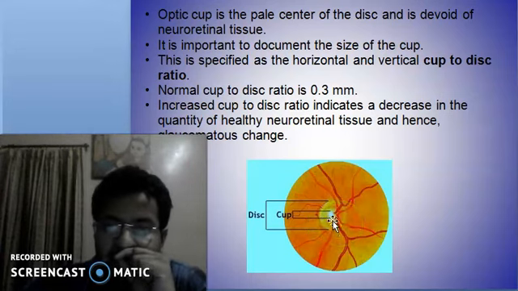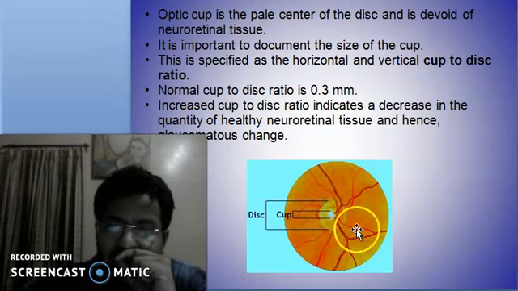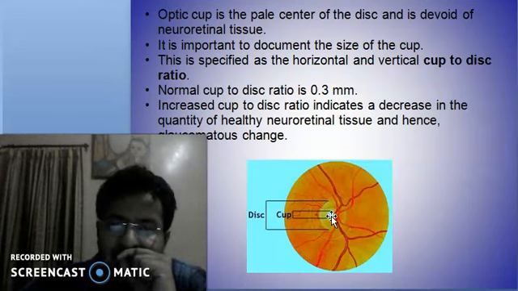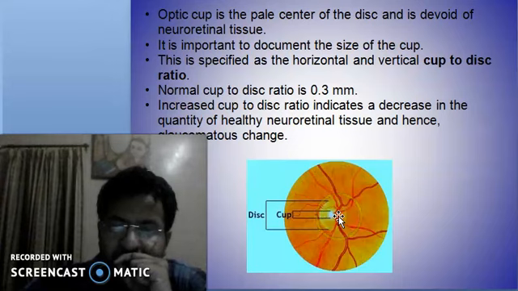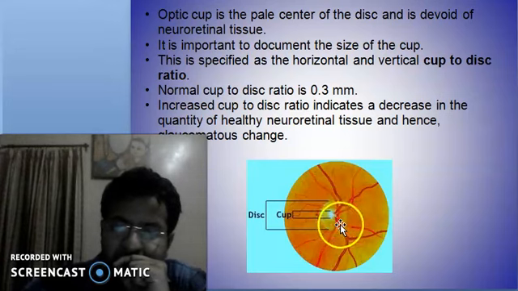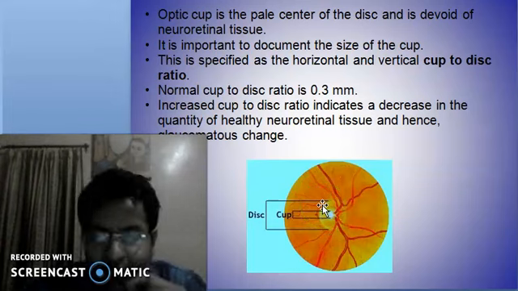The optic cup is the pale center of the disc and it is devoid of any neuroretinal tissue. It is important to document the size of the cup, and this is specified as a horizontal and vertical cup to disc ratio, the CD ratio. The normal cup to disc ratio is 0.3:1.